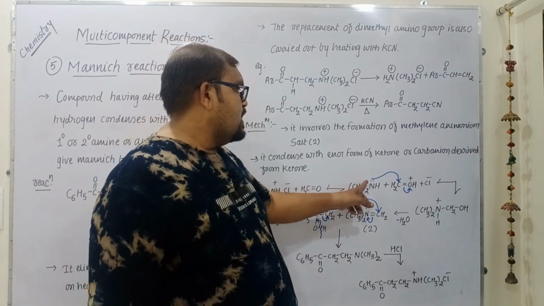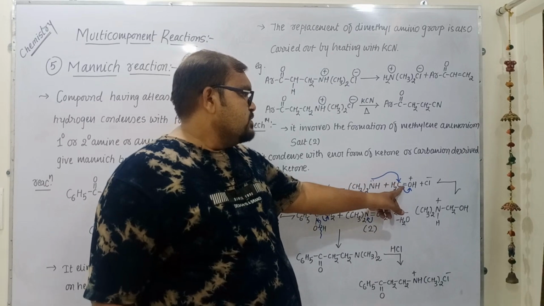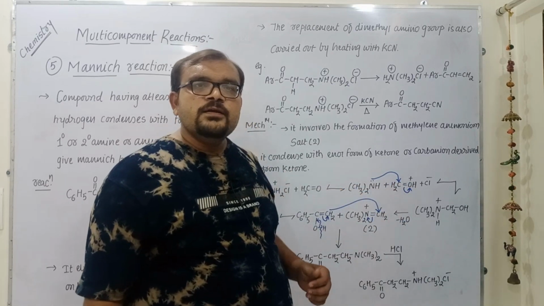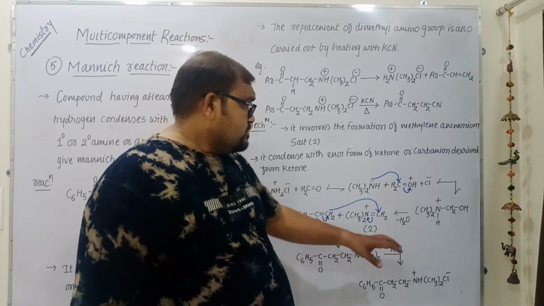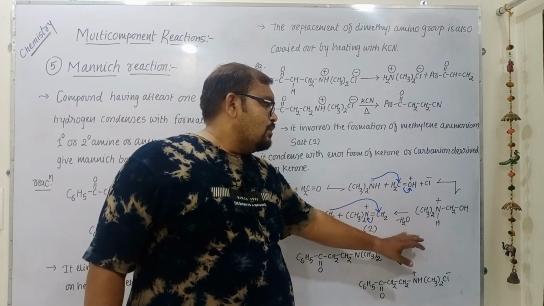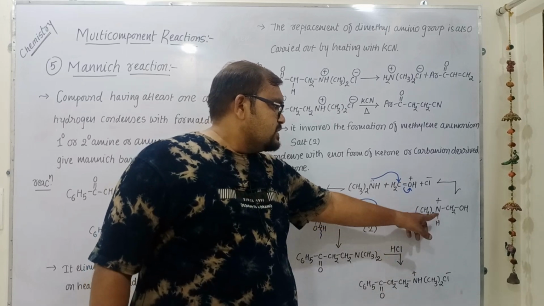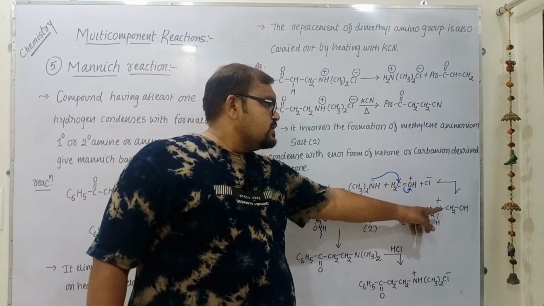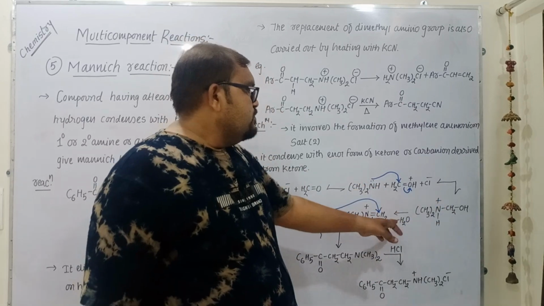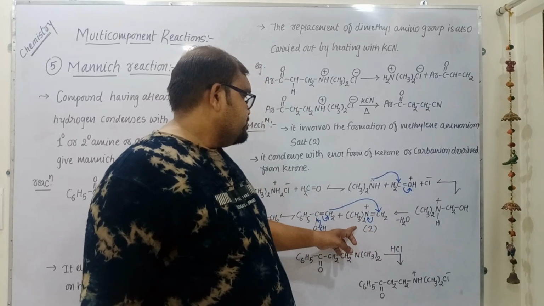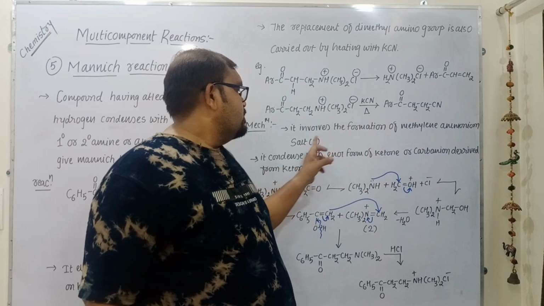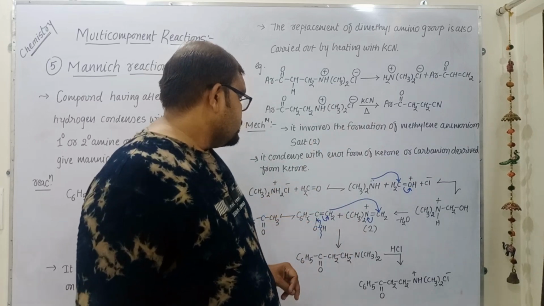The lone pair of nitrogen will attack over carbon, and this pi bonding electron will be shifted over oxygen to satisfy the charge of oxygen. So we will get such a compound which will undergo loss of a water molecule. As we can see here, hydrogen from nitrogen and OH or hydroxyl from CH2 will be removed in the form of water to give dimethyl methylene ammonium salt. Clear?